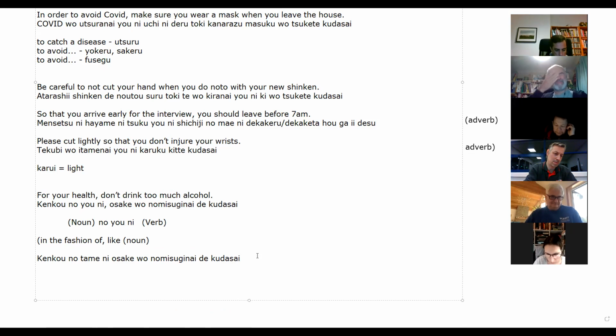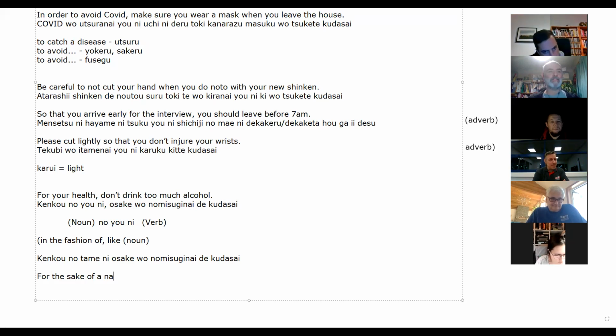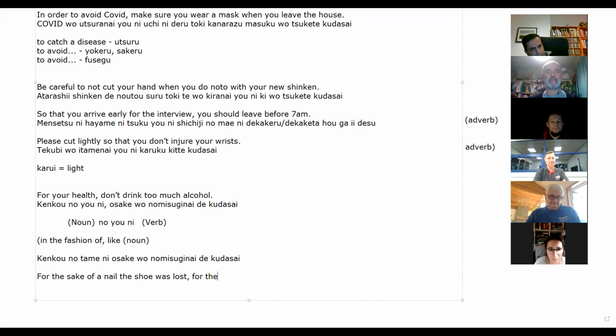You're almost certainly aware that you can make some stupid English sentences by overlinking things. For the sake of a nail, the shoe was lost. For the sake of the shoe, the horse was lost.